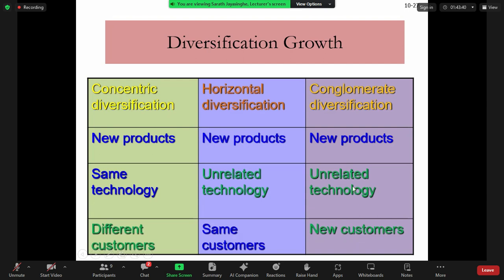So you can see new product, unrelated technology, new customers. Also, tobacco meant for making cigarettes, if they go into the cut flower business, that means conglomerate diversification.